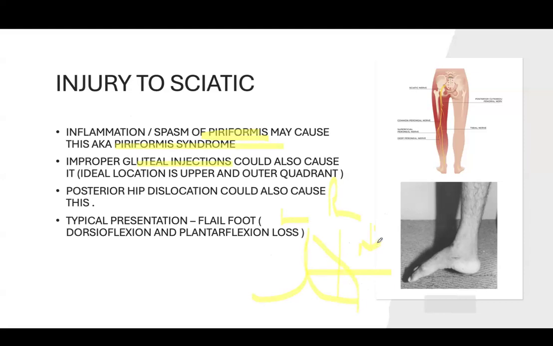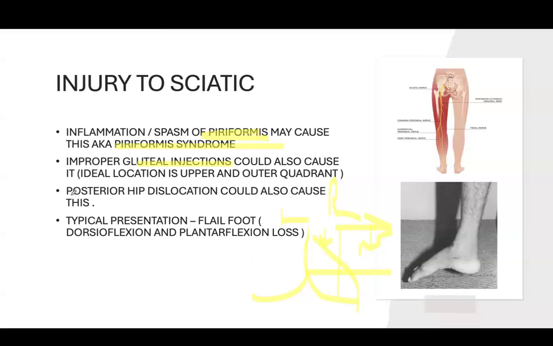So you would do the injection in this quadrant, upper because it's upper, and outer because it's outer. If the injection is given, for example over here, it would injure the sciatic nerve and could cause sciatic nerve problems.